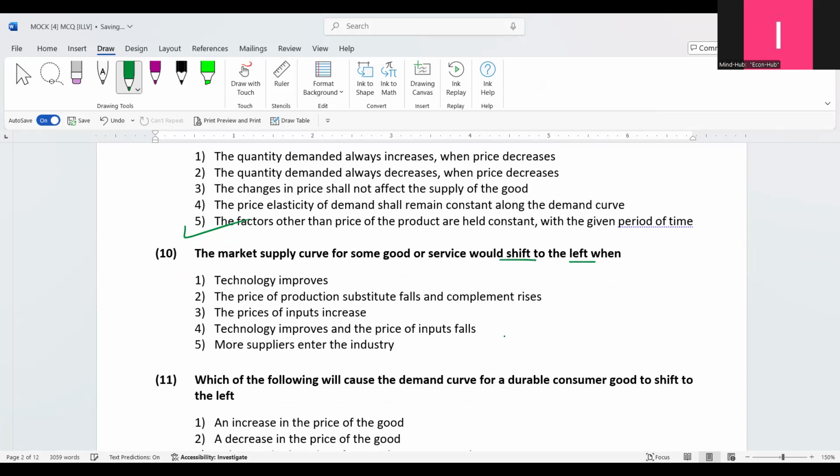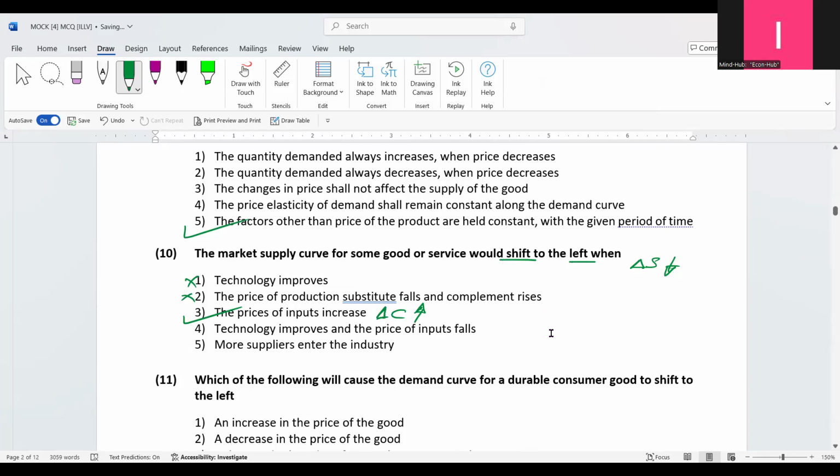And then leftwards meaning the supply is decreasing. Technology improves, rightward shift. When the price of production substitutes fall, the supply of the given product will increase. So that's wrong. Price of inputs increase. Yes, that's correct because cost of production will increase. That should be the correct answer.